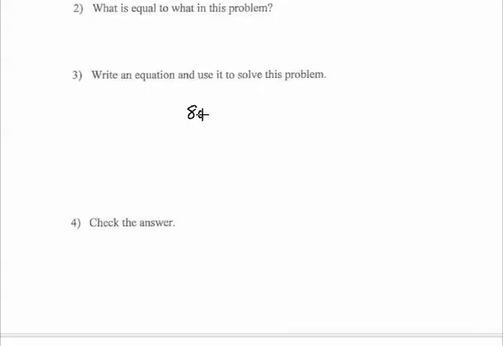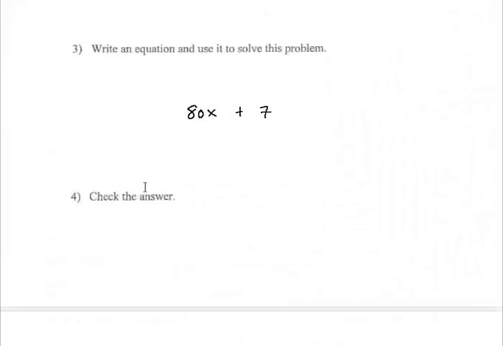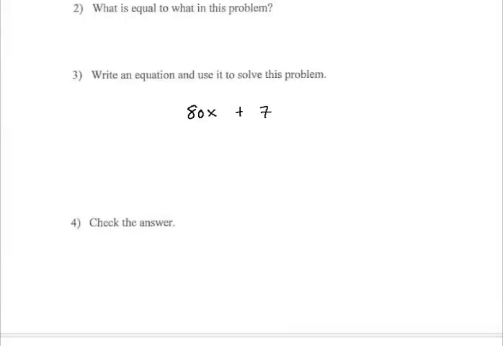We have 80x plus, hold on, let me go check my numbers. We have 85, sorry. We have 85x and 70x, and that equals 372. Alright, simple equation.